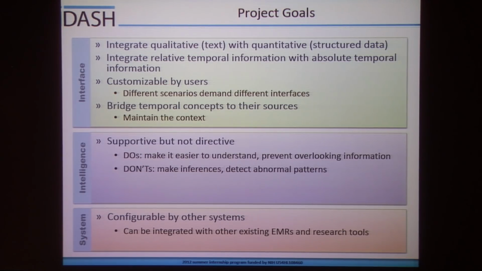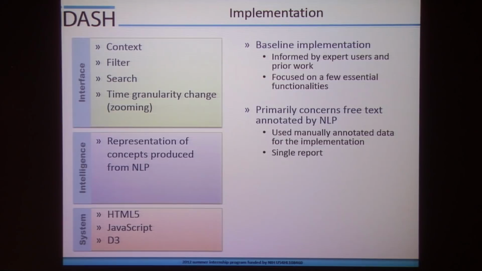From an intelligence perspective, we think the system should help users to see, but not really tell the user what's there to be seen. And then finally, as a research tool, we hope the system can be easily configured to work with other EMR systems and research tools. So currently, our implementation effort is focused on building a baseline prototype.